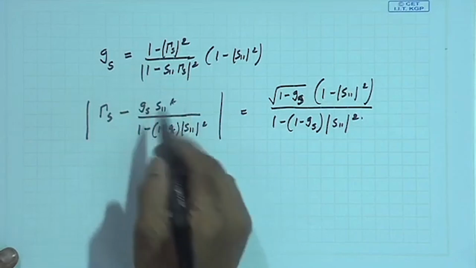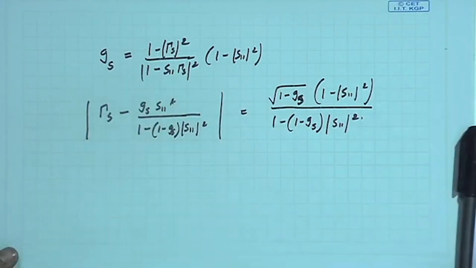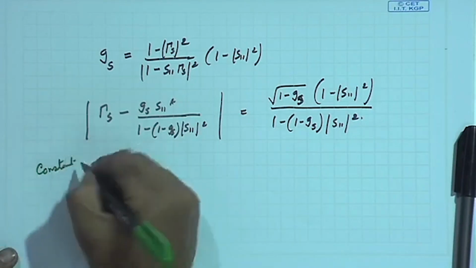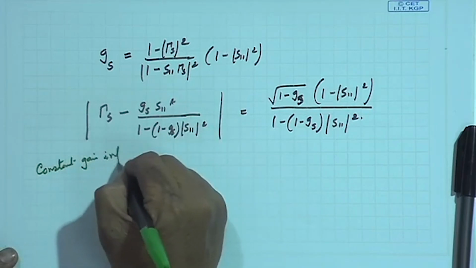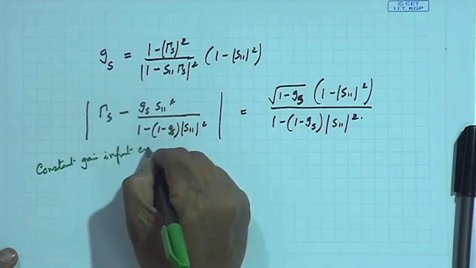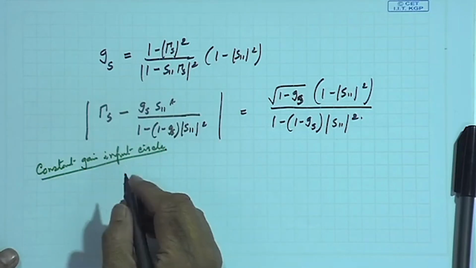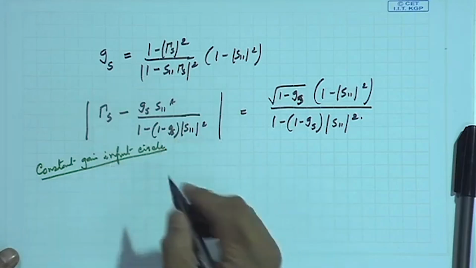This Gs is a specified value or a constant value. So, we call this as constant gain input circle, because here we are choosing the input side. So, constant gain input circle or constant gain circle for input section.